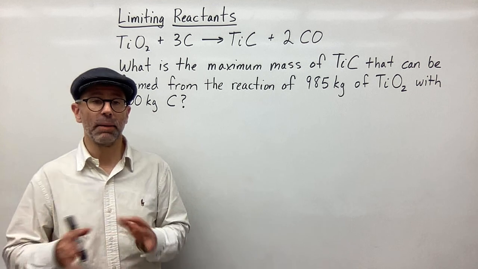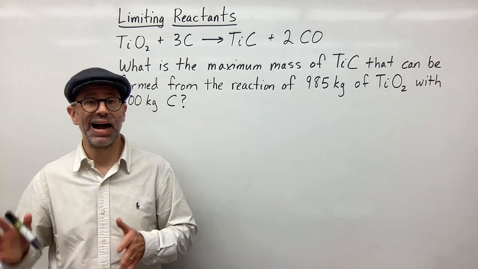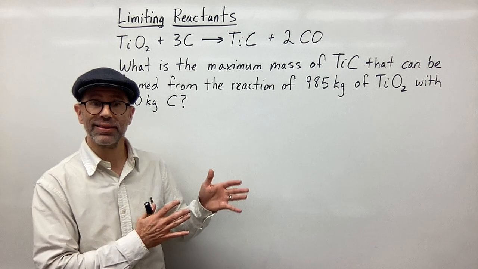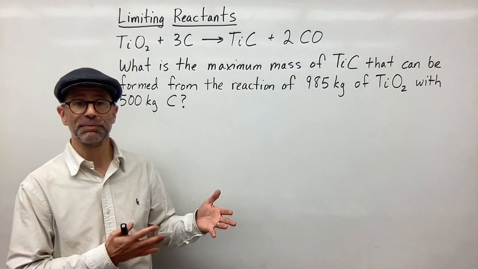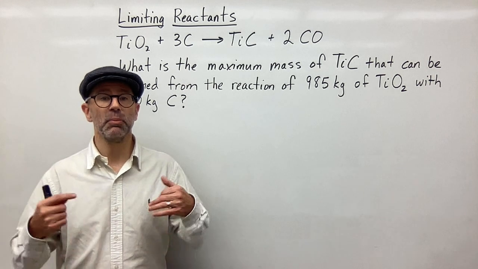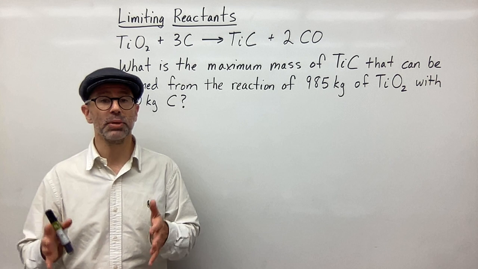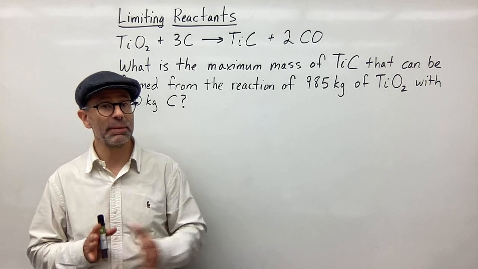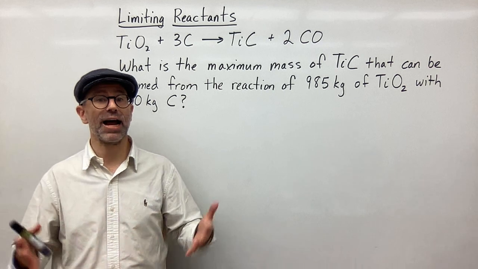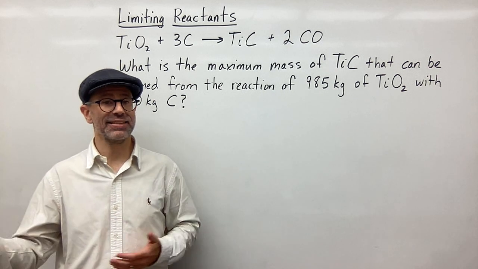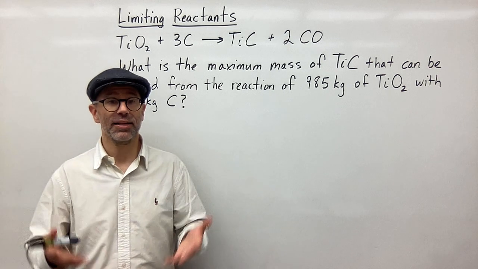Or if, as I'm making my peanut butter and jelly sandwiches, I run out of peanut butter before anything else, so I have some leftover bread and leftover jelly, in that case the peanut butter would be the limiting reagent because it's now limited how many sandwiches I can make, because I ran out of that first and I have excess bread and excess jelly left over.